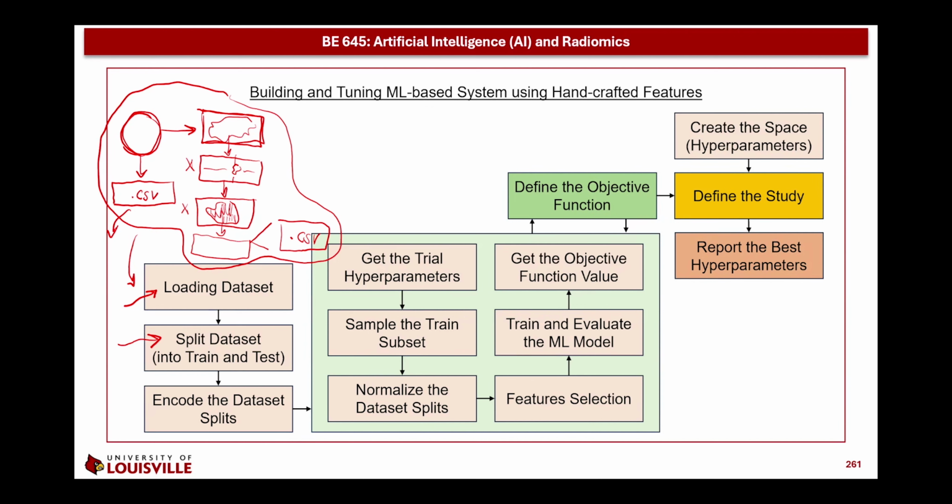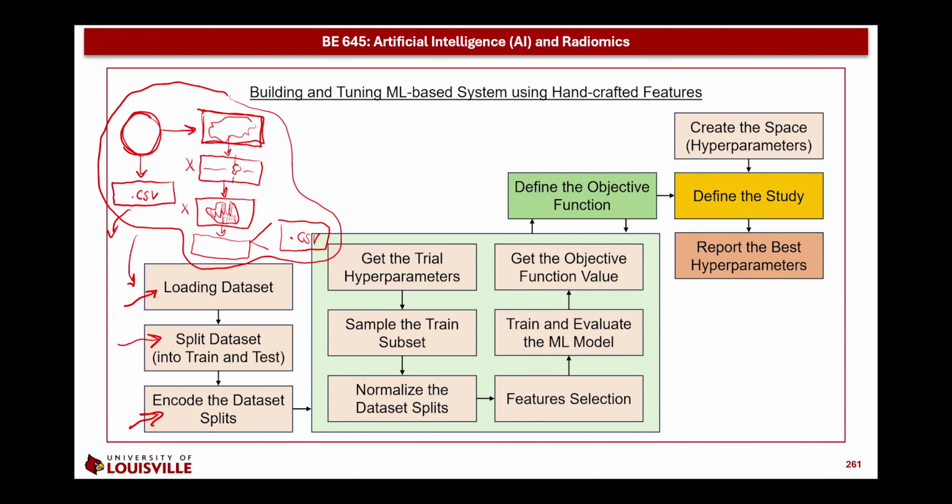Using this or that, you are splitting the data. After that, we are encoding the data splits using the label encoder or any encoder to convert the classes from a string format to numbers, because we will later use these numbers to calculate the confusion matrix, and to calculate the confusion matrix you need numbers.